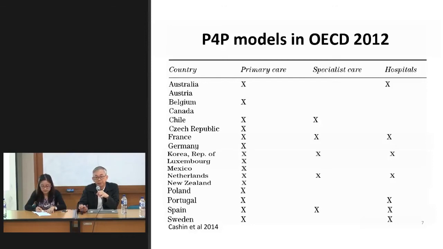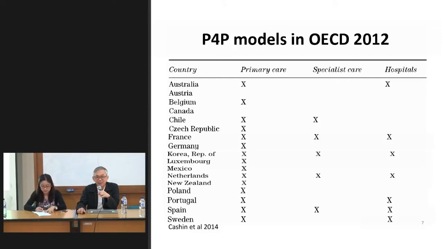When I count, this list is not exhaustive. But you can see in the list that Austria implement none of the P4P at all. So Canada, no P4P. But towards the end there will be Turkey, UK, and the US.